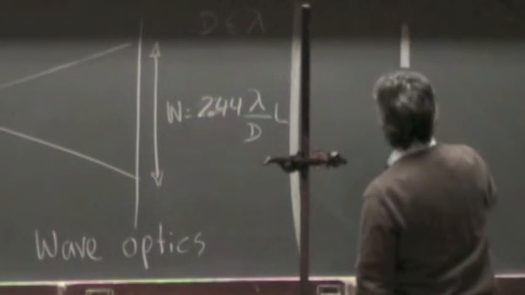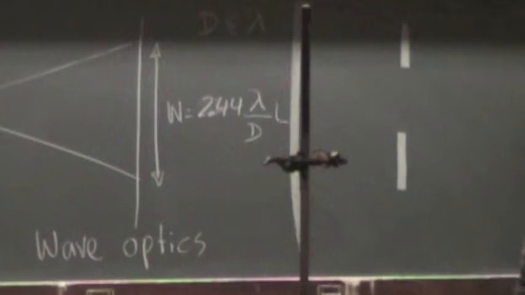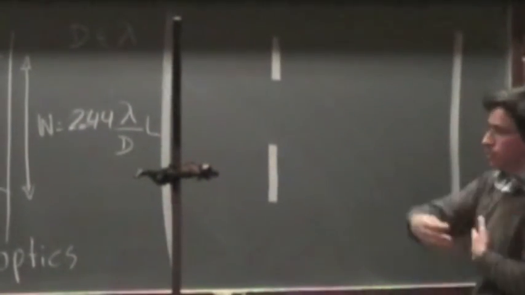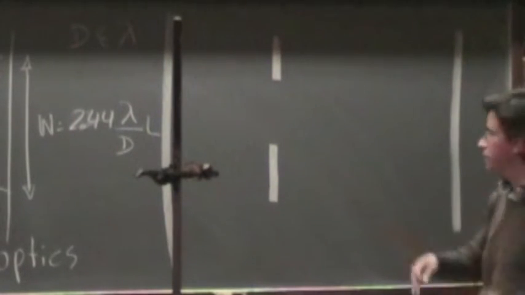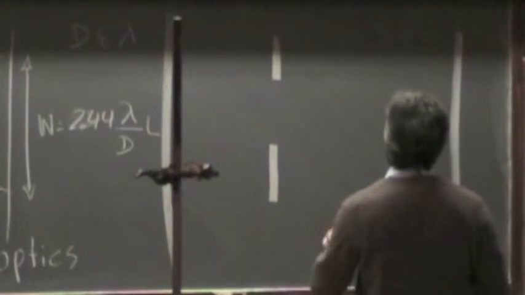So what's going to end up happening is that if you put your screen, say at a typical distance in a lab of 1 meter, or in a room, a human room, which will be meters in size, not kilometers, not millimeters.